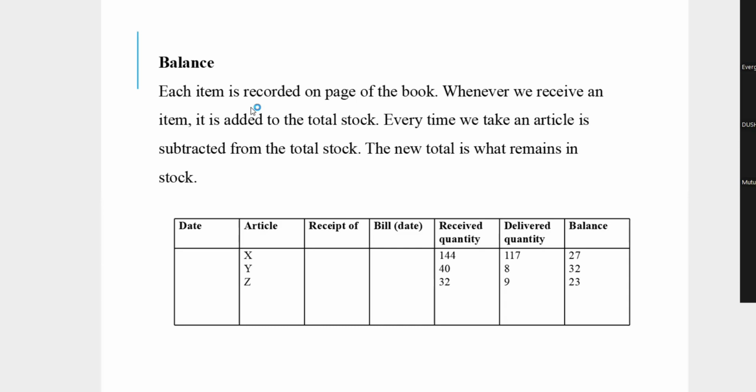Now, the total stock. Every time we take an article, it is subtracted from the total stock. Whether you receive equipment, drugs, instruments or consumables, you have to record it and add it to your stock.